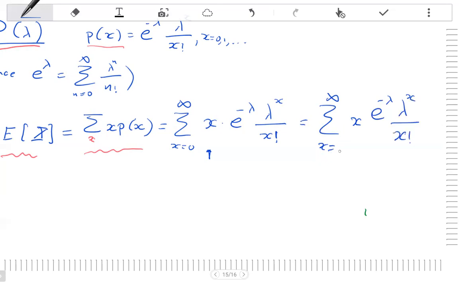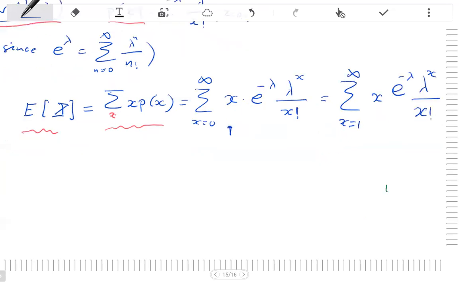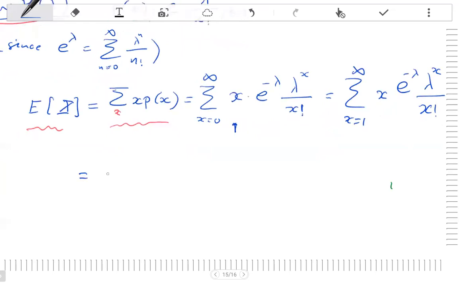Since x factorial is x times x minus 1 factorial, we can cancel one of the x's, so we have lambda to the x power over x minus 1 factorial. This still goes from 1 to infinity.